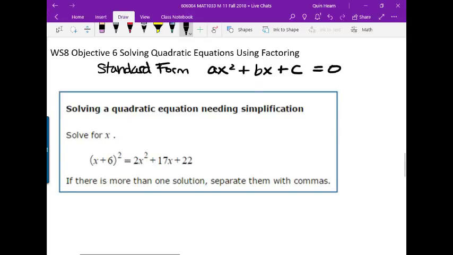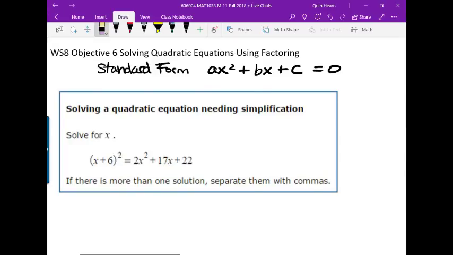Basically, think standard form, you have 0 on one side. So if you look at the equation we're solving here, we don't have that. There is no 0 on one side. Also, we have this quantity being squared, which you definitely don't see in the standard form, anything like that. We want separate terms. So we have some rearranging to do to get it to match up with what we consider the standard form before we can try to use factoring.